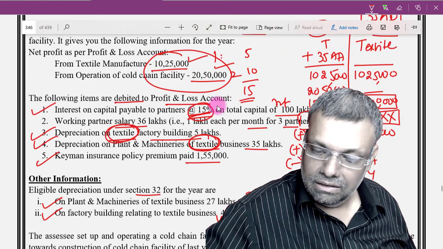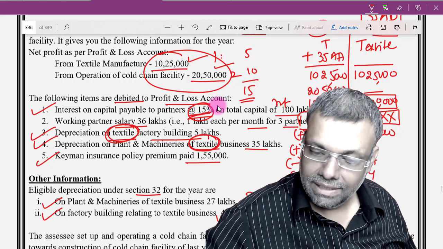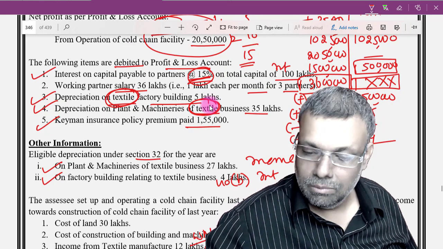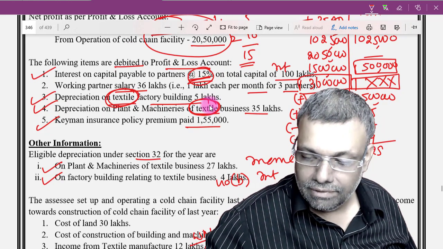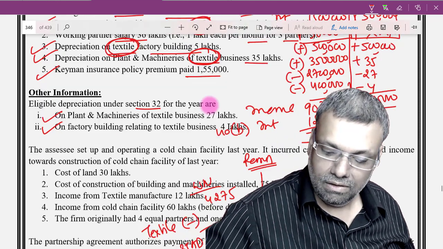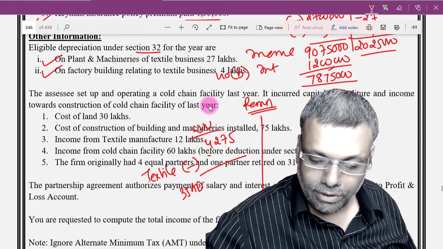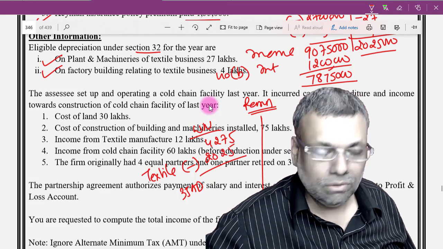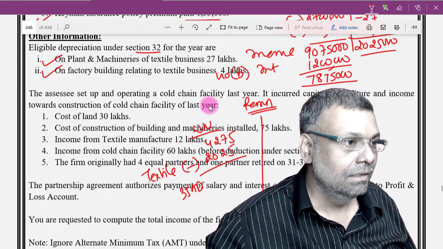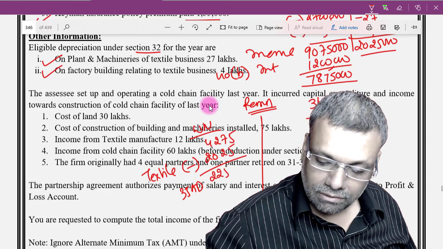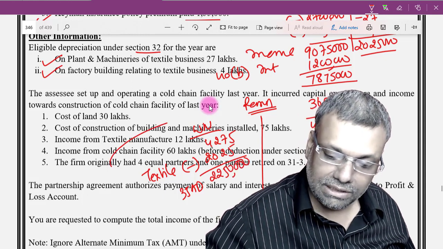After doing all this adjustment of textile, I'm getting income of 20 lakhs 25,000. So 4275 was total, and textile I'm getting 20 lakhs 25,000. So 35 AD income I'm getting is 22 lakhs 50,000. This is a working note, inside a working note.